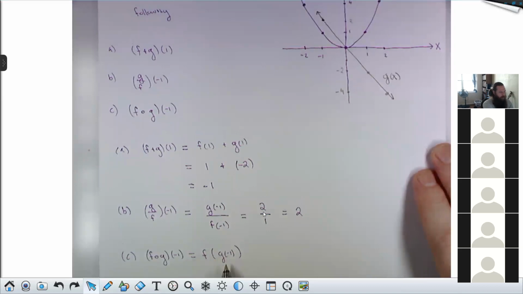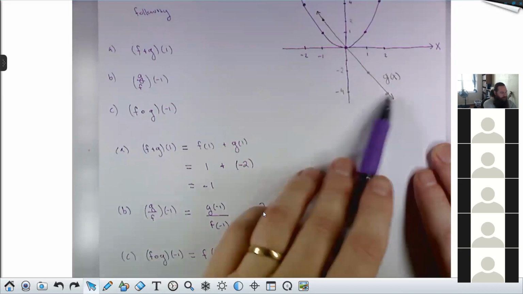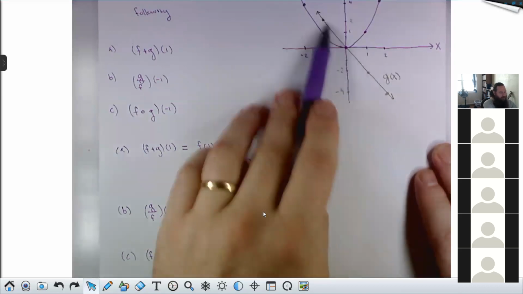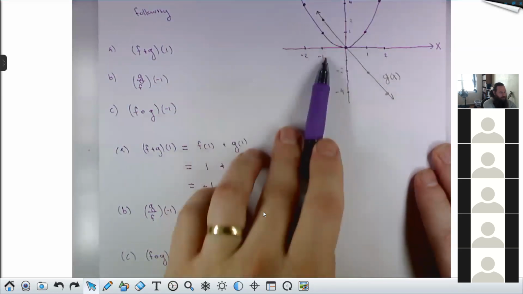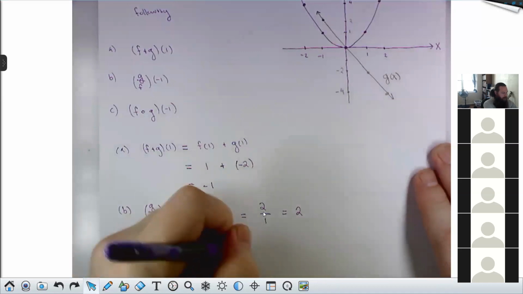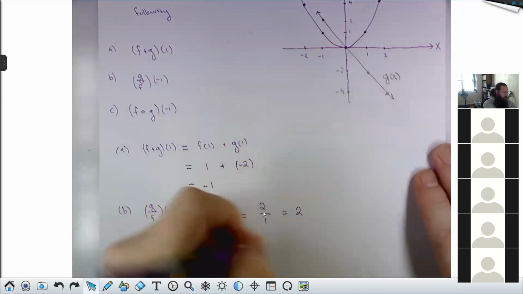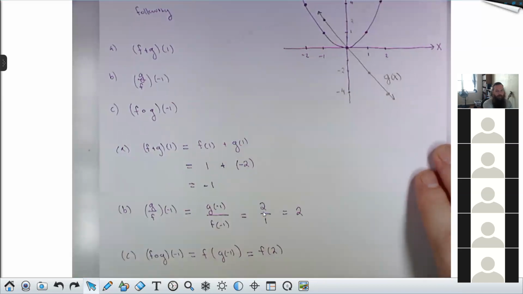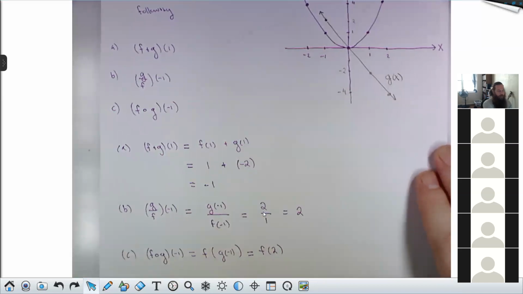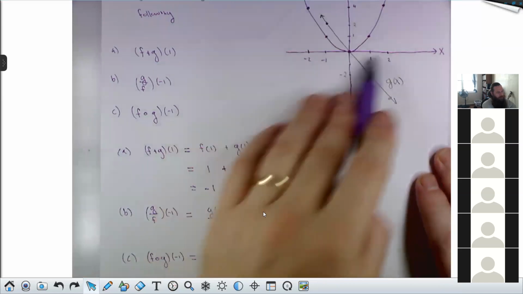g of -1, this inside piece, I look along the graph of g. When x is -1, g of x is 2. So g of -1 is 2, which means that f of g of -1 is f of 2. Then for f of 2, I look along the graph of f.